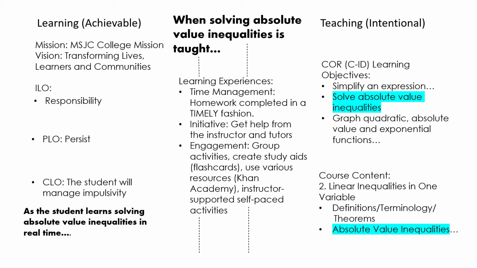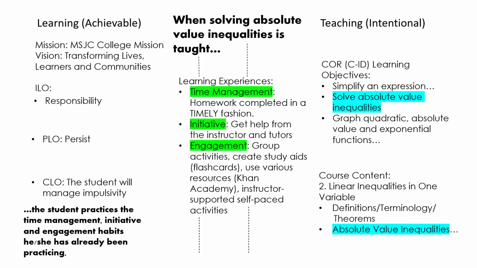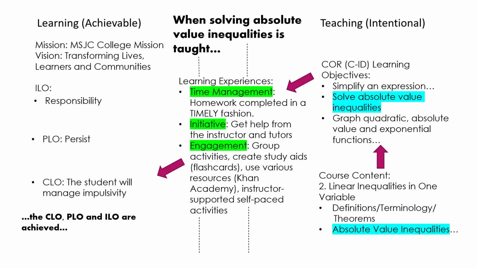Solving absolute value inequalities is presented in class. The instructor shares that the concept is a difficult one and emphasizes that the learning experiences should be practiced, once again, before the next class meeting. Note that the course content feeds into the learning objectives, which in turn are fed through the learning experiences. But the learning experiences not only deliver the course content, they impart the CLO managing impulsivity.